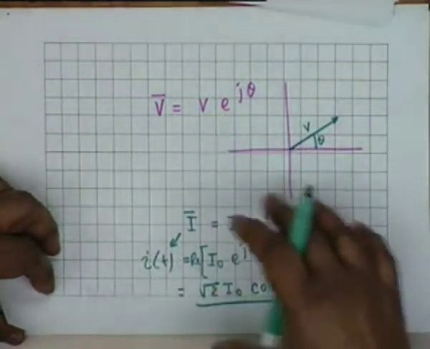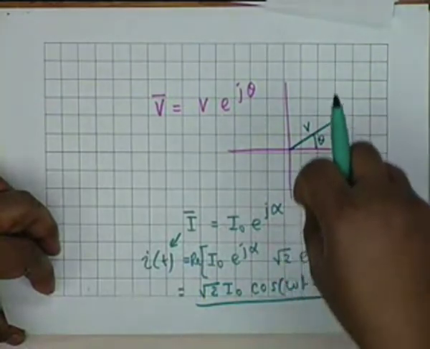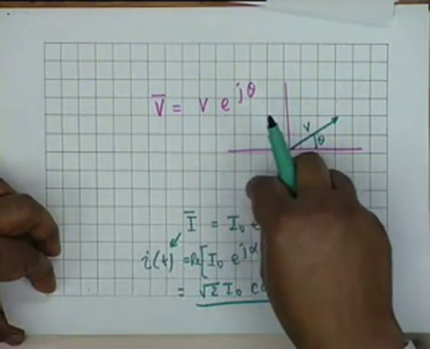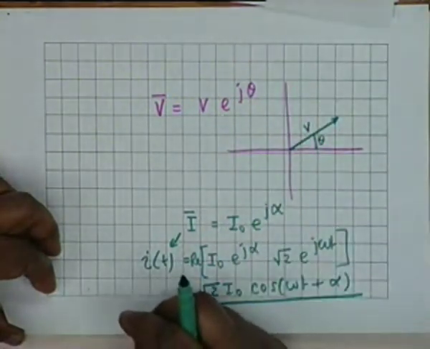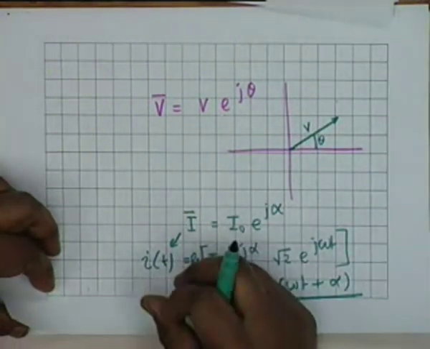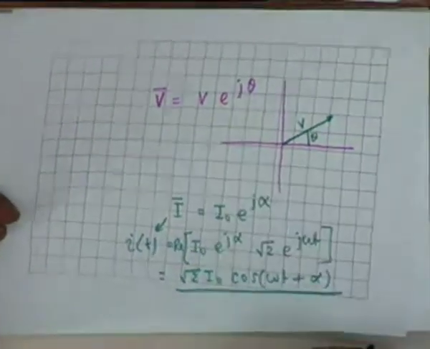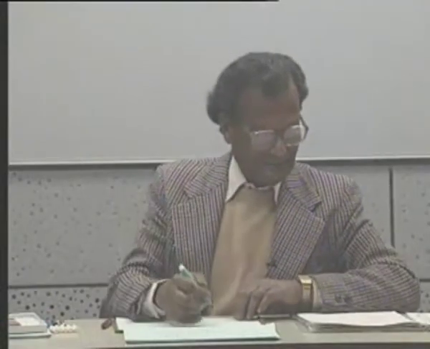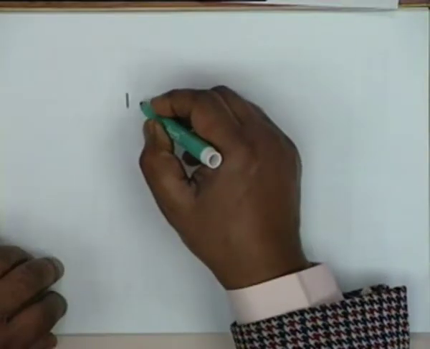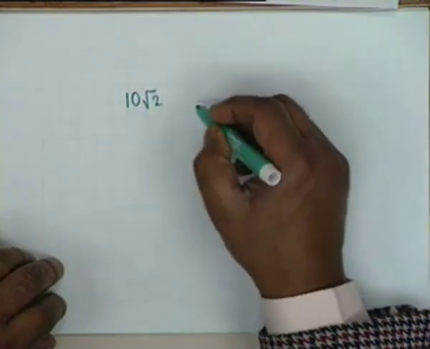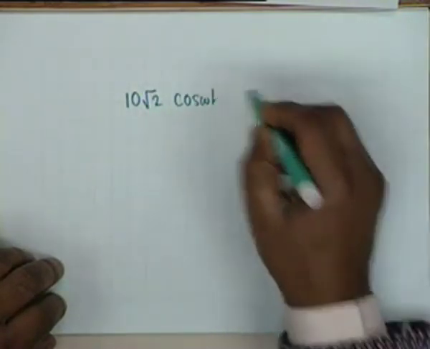In between, therefore, we go through a transformation from the time domain into this complex domain of numbers, and this greatly simplifies calculations. To take a couple of examples, let's consider 10 root 2 cosine omega t.